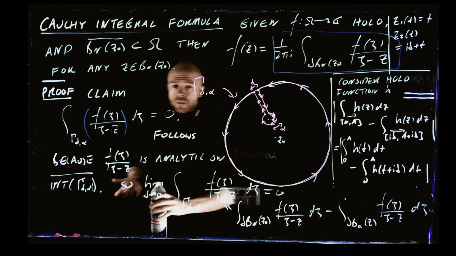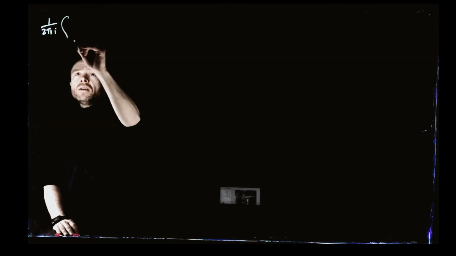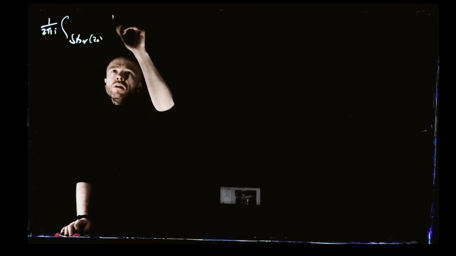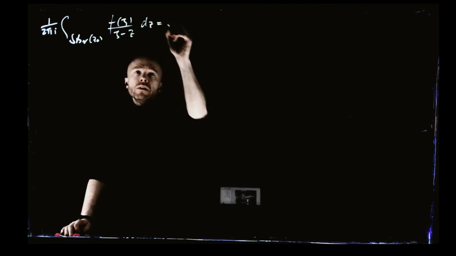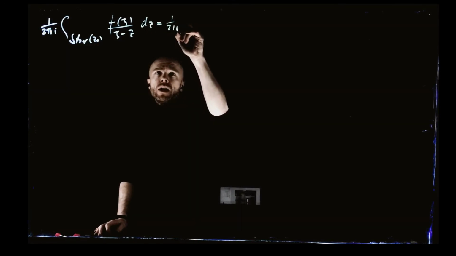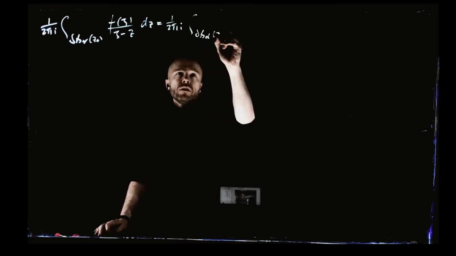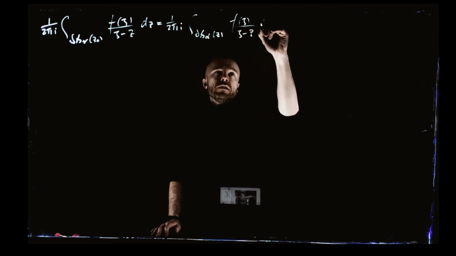Z we've chosen as just some point inside the ball B. We got to the point of understanding that 1 over 2 pi i, the integral around the bigger ball B_R of z0 of f of zeta over zeta minus z dzeta, is the same as 1 over 2 pi i, the integral around this little ball, B_alpha, now around z, not z0, of f of zeta over zeta minus z dzeta.